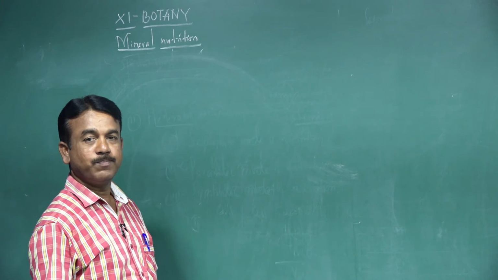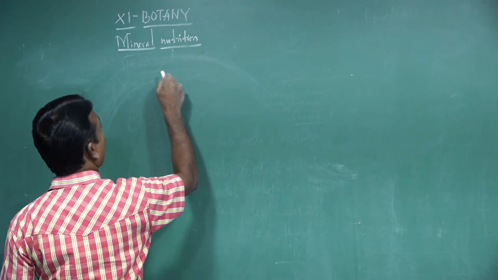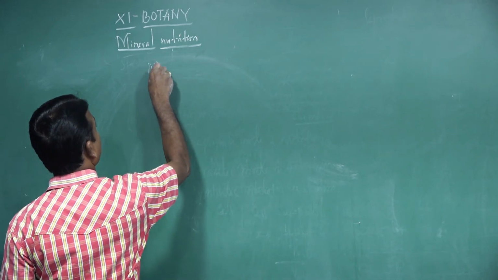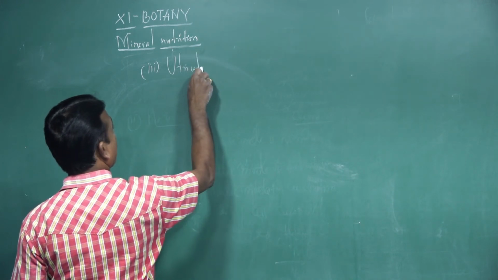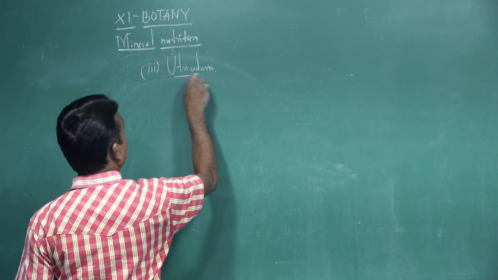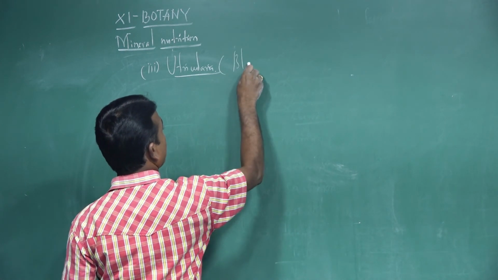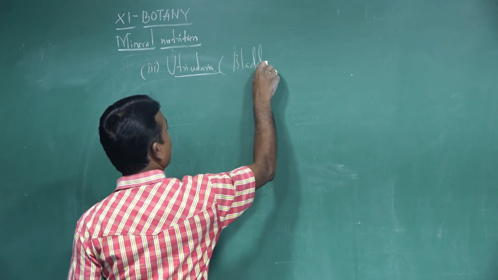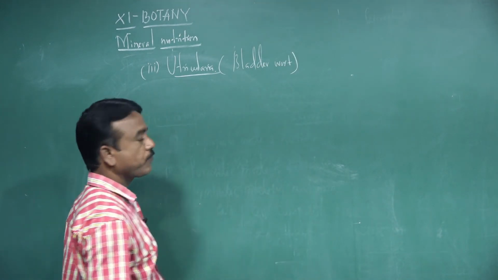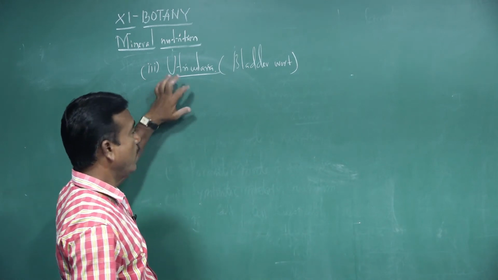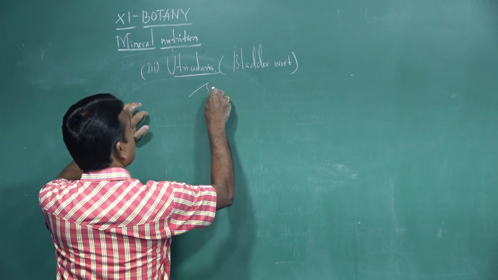Can I go to the third one? The insectivorous plant commonly called Utricularia, or bladderwort. In Utricularia, this kind of plant is usually small in shape.